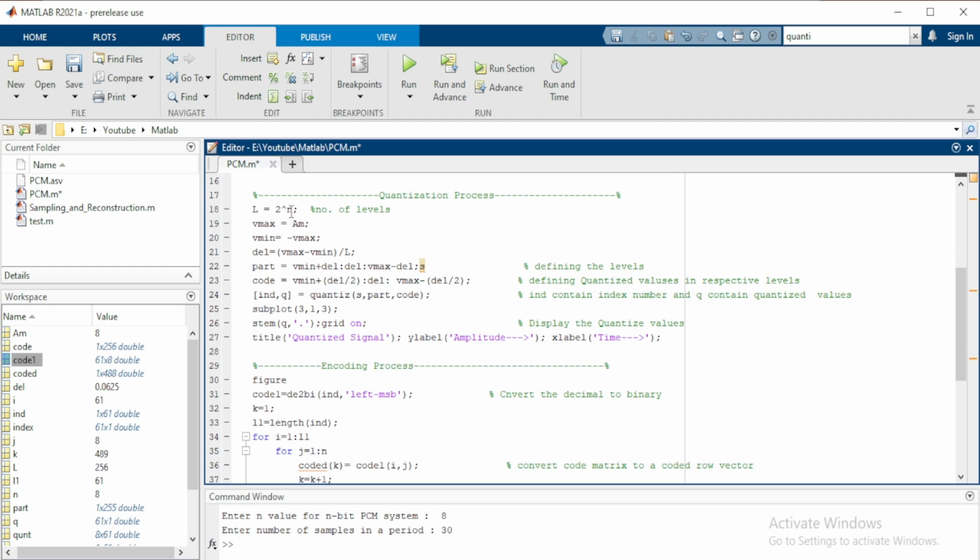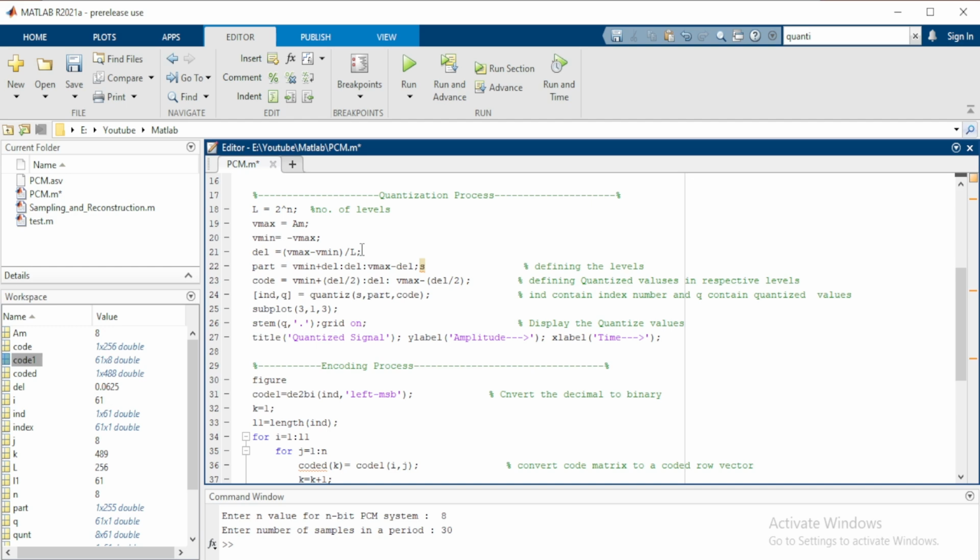Bmax I have taken as 8 in the theory, so Bmin equals minus Bmax. Similarly, the step size, which is delta, can be defined as the peak-to-peak voltage divided by the number of levels. The peak-to-peak voltage we can write as Vmax minus Vmin, divided by the number of levels.